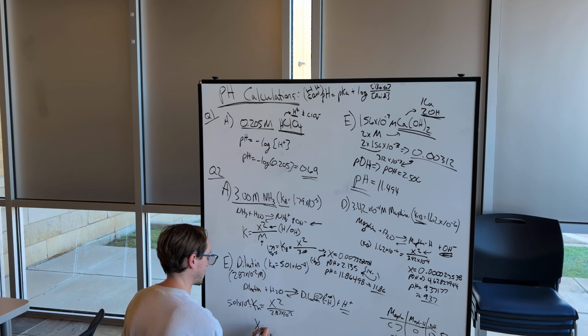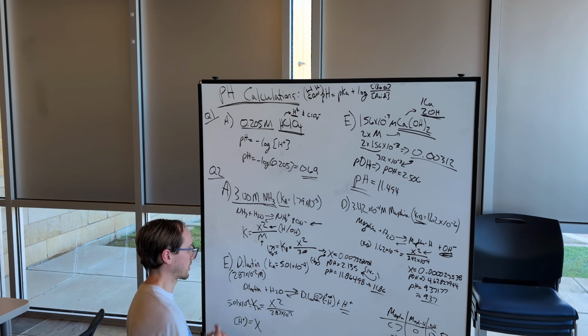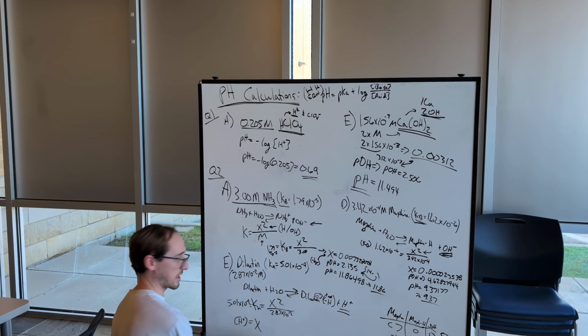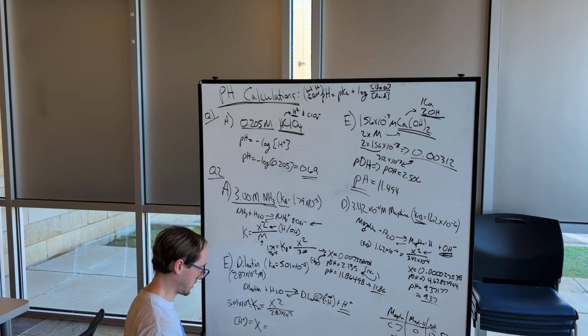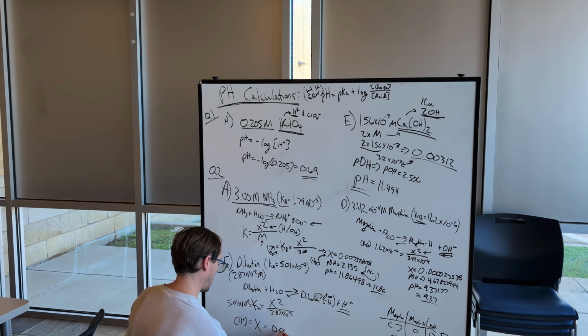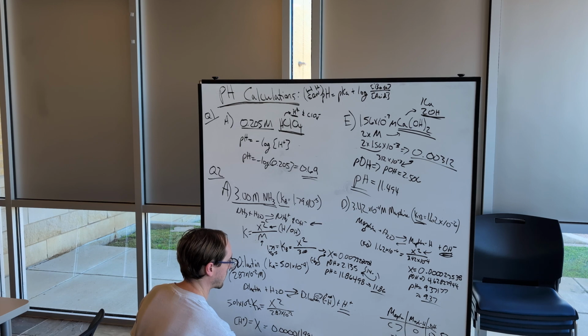So then our x, which actually is our concentration of hydrogen, because that's what we're looking for here, is going to be the square root of 2.87 times 5.01 times 10 to the negative 11, which is 0.000011991.